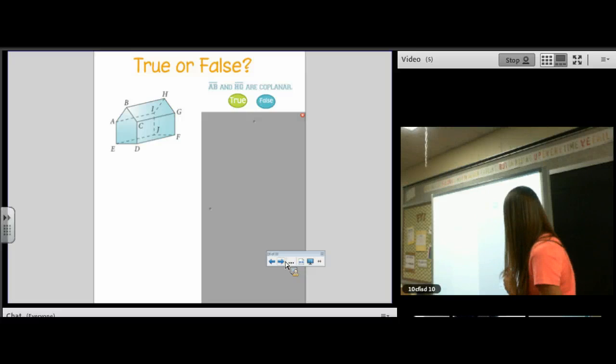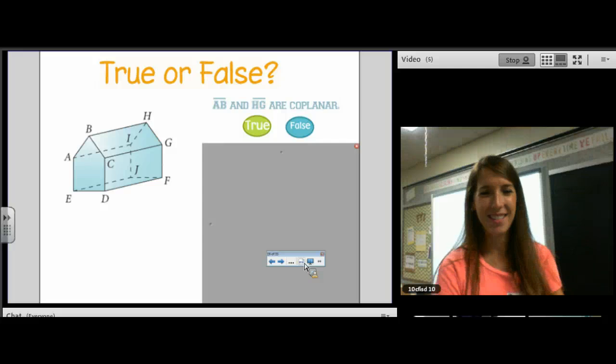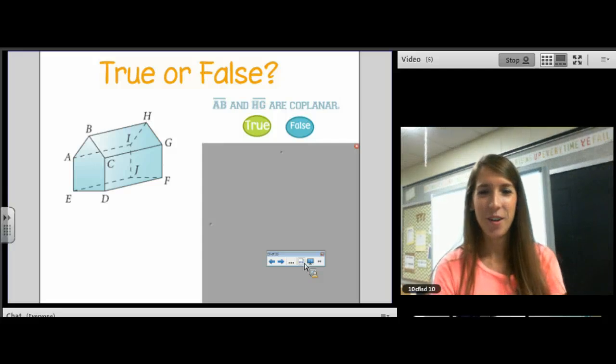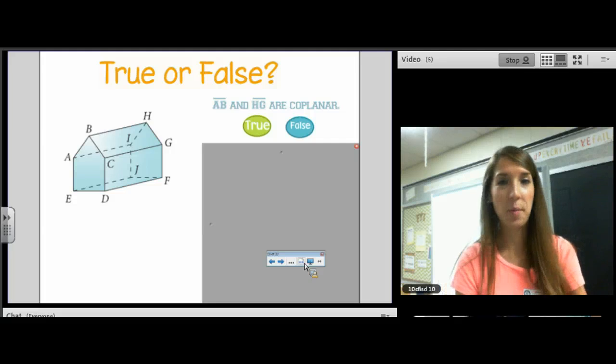All right, we're going to do a little true-false. You ready? True or false? We have a different figure here. It's not a rectangular prism this time. Okay, segment AB and segment HG are coplanar. True or false?